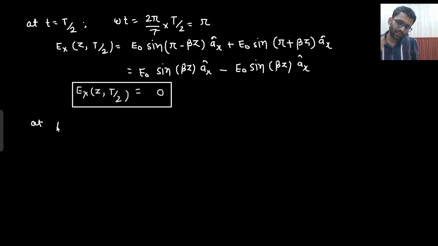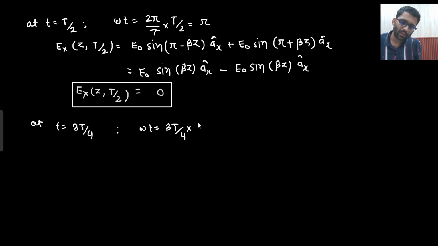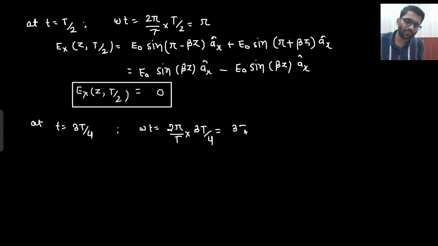Then let's check at t equals to 3t by 4. So what will be the value of omega t? 2 pi by t into 3t by 4. So that would be 3 pi by 2.